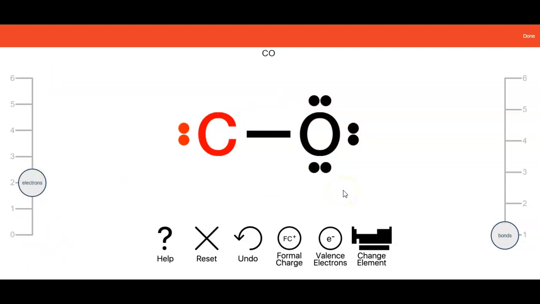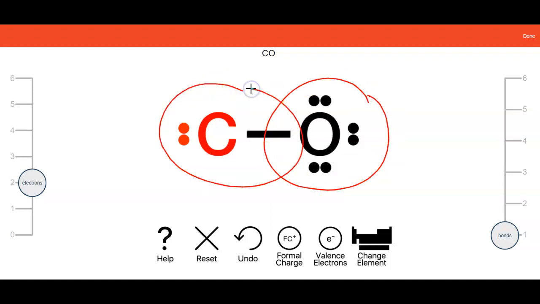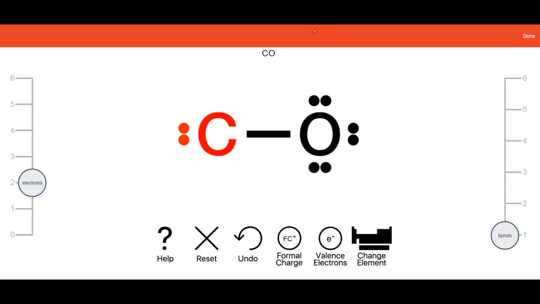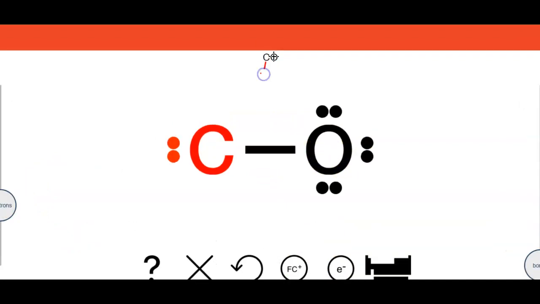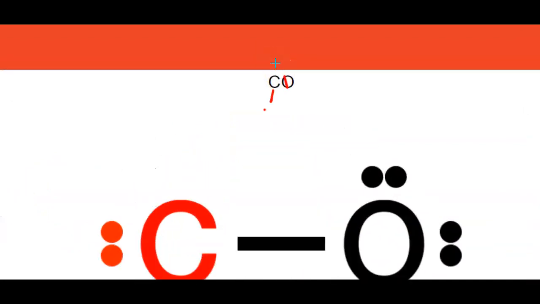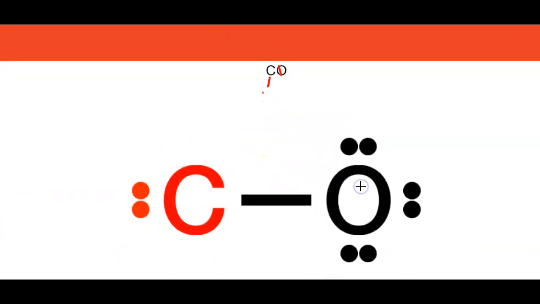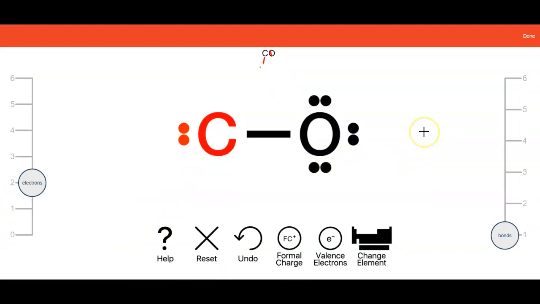Okay, but when I do that, look at my octet. That's when we check for our octets, right? This has 8. This only has 4. So in this case, we just need to remember, this has 4 and this one has 6, which is a total of 10.